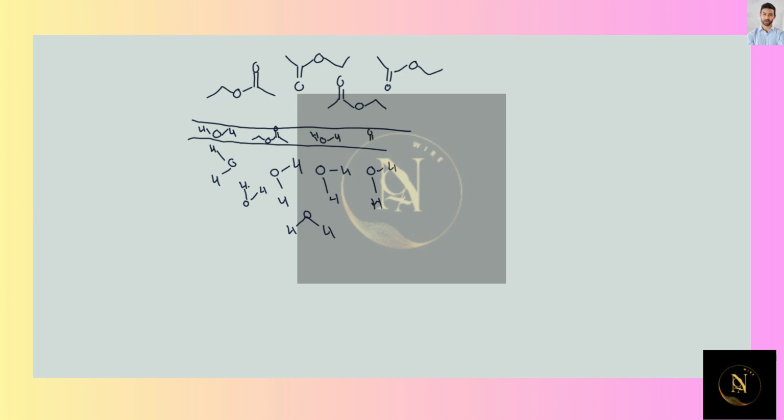But in general, over here, they're not going to be able to mix as much. So this is called the interface in between both of the liquids that we're going to have.